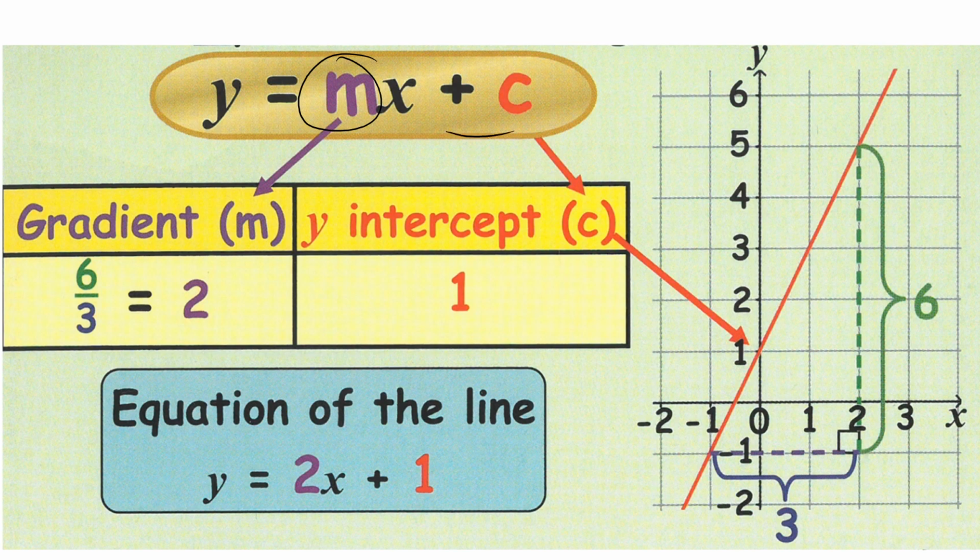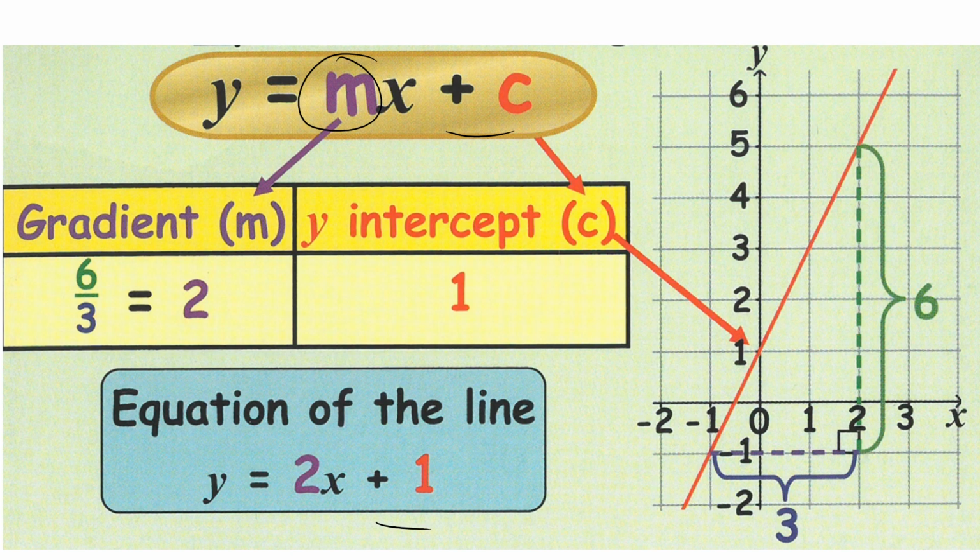And then this bit here, the addition or subtraction after that, sometimes it will be before, as we'll see later, will be where the line goes through the y-axis. So we can see on this one here, the line is going through the y-axis at 1, which is why we've got the +1 there, and the line has a gradient of 2.